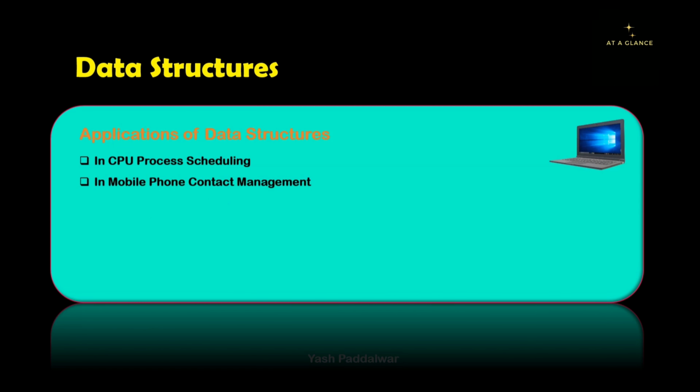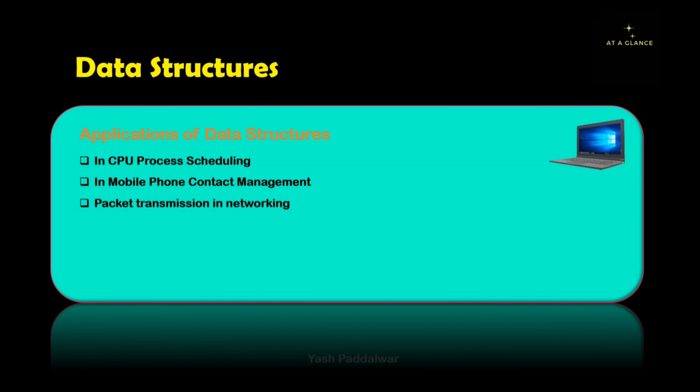Next application is that data structures can be used in mobile phone contact management. So inside a mobile phone there is a huge list of contacts. To arrange them in a specific way, to store them and to retrieve them in the easiest possible manner, data structures play a vital role.